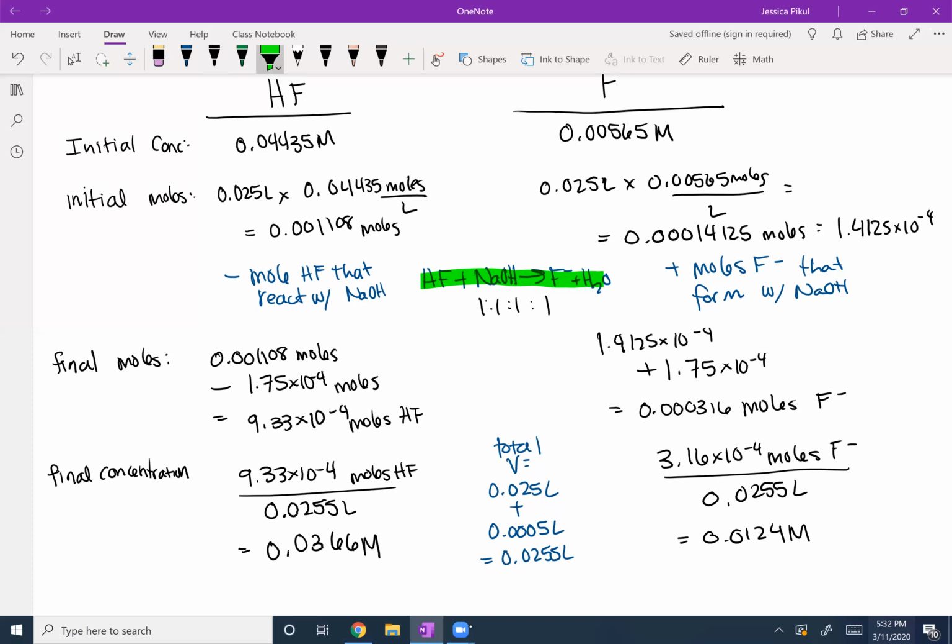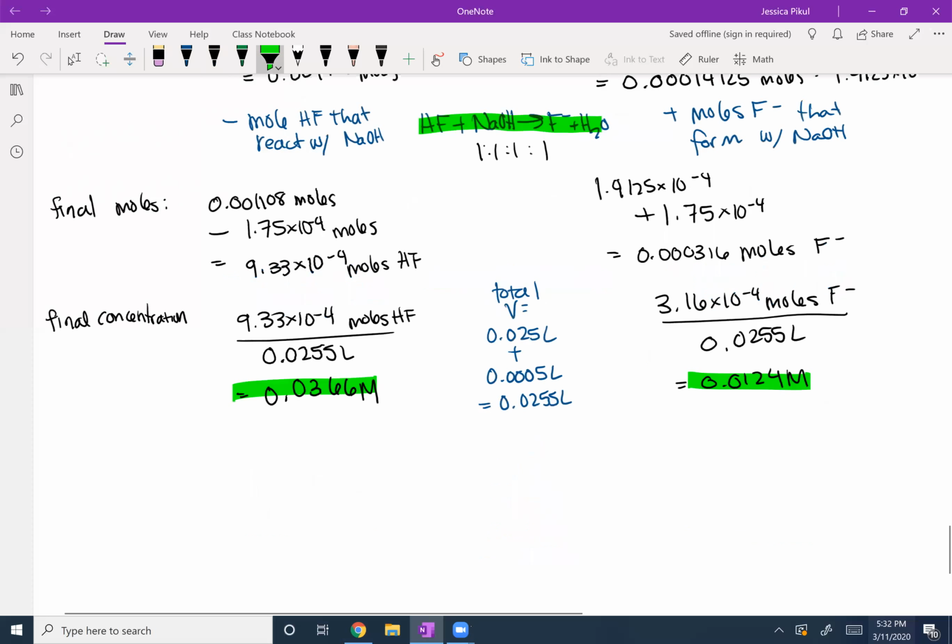So now I have concentrations for fluoride and hydrofluoric acid after I've added that sodium hydroxide. And the concentration of sodium hydroxide at this point is 0, because all of it has reacted with hydrofluoric acid and converted it into the fluoride ion.